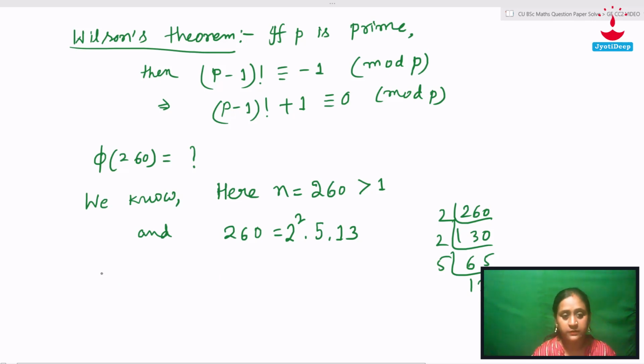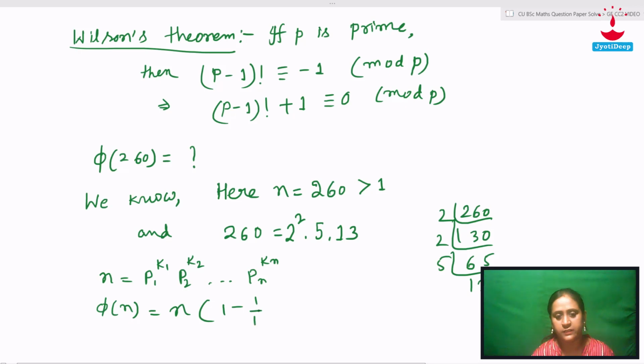And we know there is a theorem: if n is equal to p1 to the power k1, p2 to the power k2, up to pn to the power kn, then phi n is equal to n into 1 minus 1 by p1 into 1 minus 1 by p2 up to 1 minus 1 by pn.